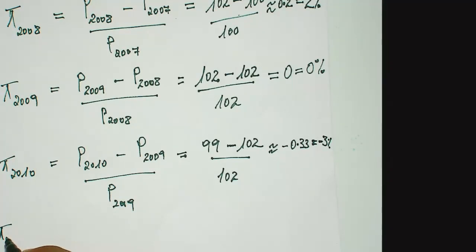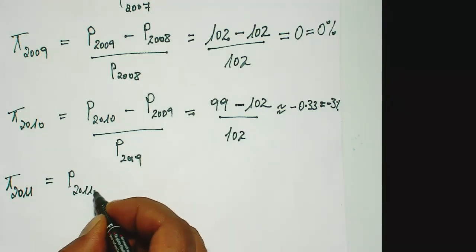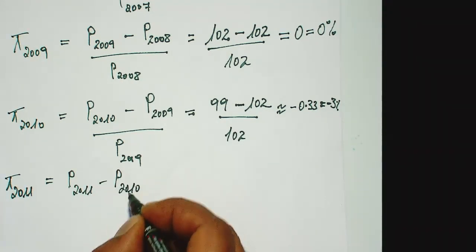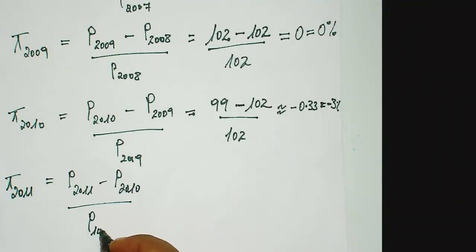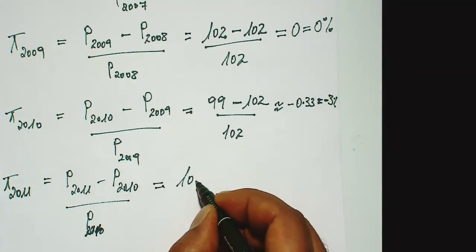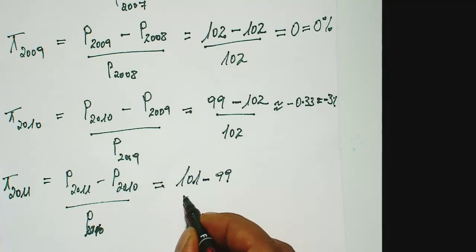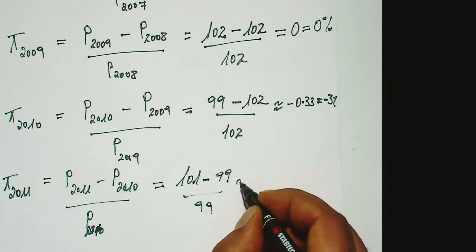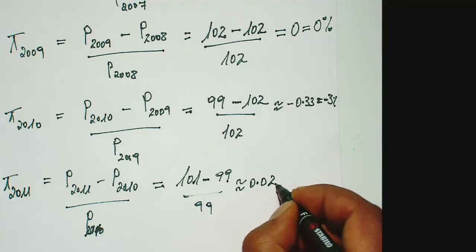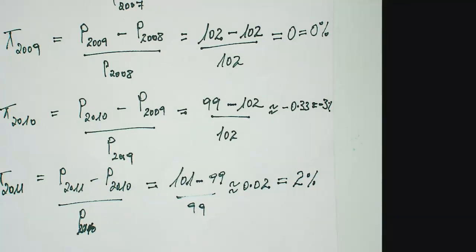The final inflation is the inflation at 2011, which is represented by price at 2011 minus price at 2010, divided by price at 2010. Filling out the values from our table, 101 minus 99 divided by 99 is approximately 0.02, which makes us say that the inflation in 2011 was 2%.